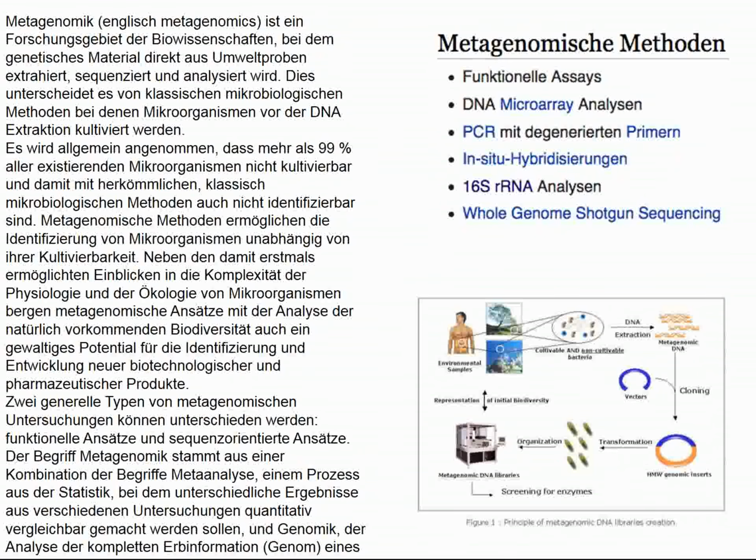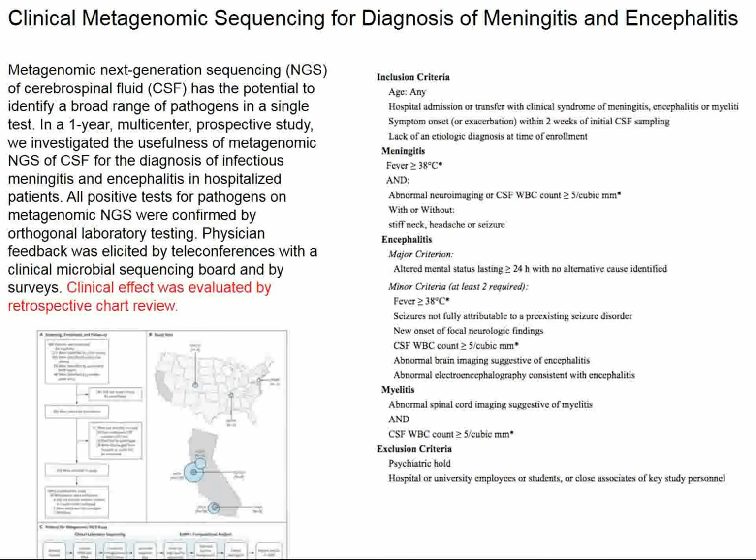And metagenomics involves functional assays, DNA microarrays, lots of polymerase chain reaction, in situ hybridization, 16S ribosomal analyses, and whole genome shotgun sequencing. Sounds impressive. And in this study, also obviously in the New England Journal, these investigators used metagenomic next generation sequencing, that's what NGS stands for, of cerebrospinal fluid in patients that had suspected encephalitis or meningitis.